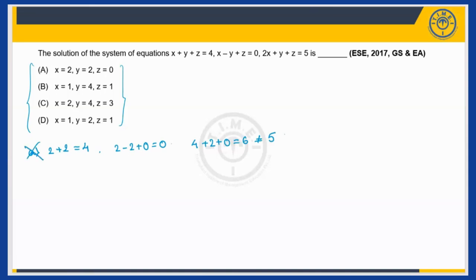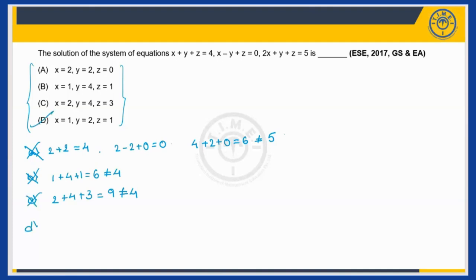And coming to option B, X is 1, Y is 4, Z is 1. So that is 1 plus 4 plus 1, that is 6, which is not equal to 4. So B is also not the answer. And coming to the third, there is 2 plus 4 plus 3, which is 9, and that is not equal to 4. So then obviously D will be your answer.